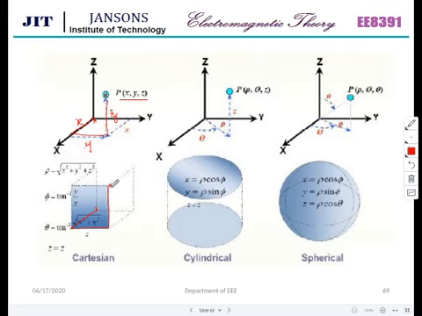When we draw parallel lines for all these, here in the x axis, here for the y axis, and here in the z axis, then we will get a parallelepiped structure.